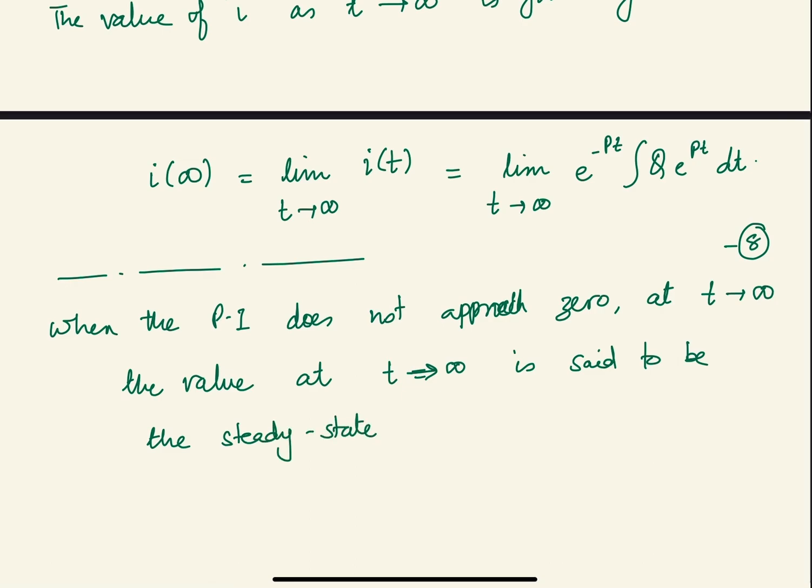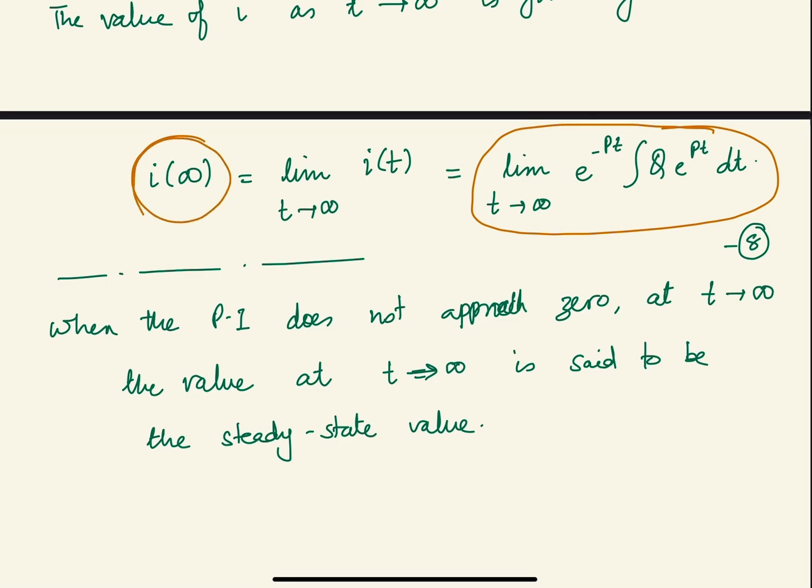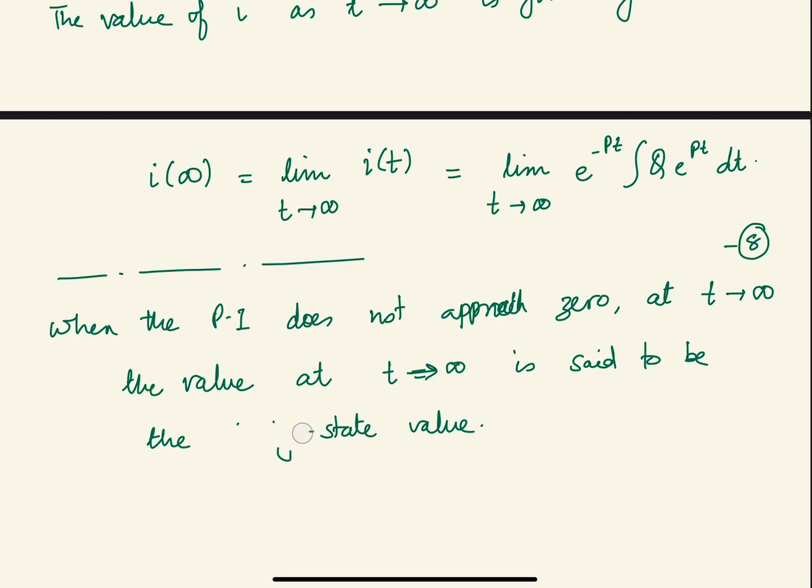So when this term is a non-zero term, then the current is said to be non-zero at t equal to infinity, and this value of current at t equal to infinity is said to be the steady state value. I want to highlight this actually. This is the steady state value of the current, or whatever variable we are interested in at that moment.